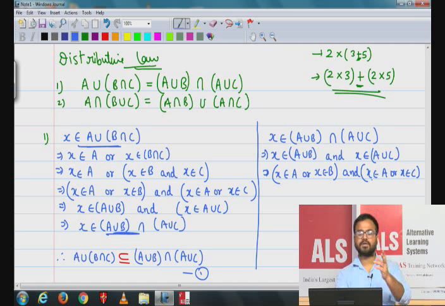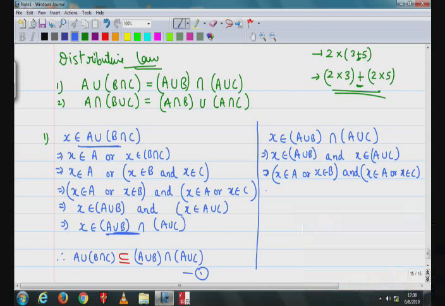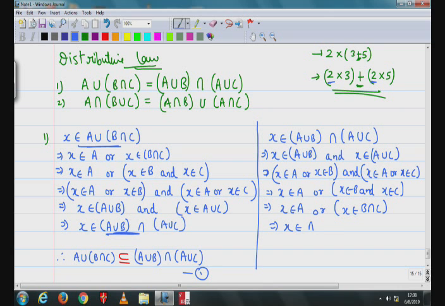Now since we have to do the reverse process, this is the reverse of the distribution. We have to take this x belongs to A as common. So we can write this as x belongs to A or (x belongs to B and x belongs to C). It is like taking 2 as common from both of them, so it will be 3 plus 5. So now it is x belongs to A or x belongs to B intersection C. Now it means x belongs to A union (B intersection C).